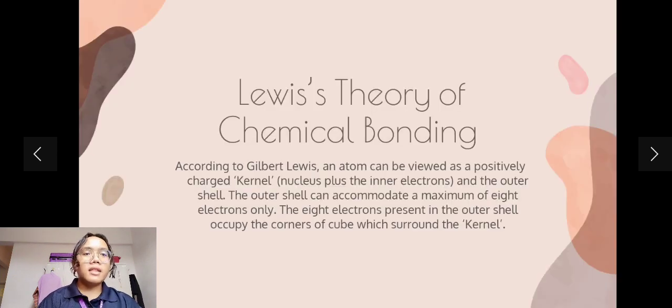So in the Lewis theory of chemical bonding, according to Gilbert Lewis, an atom can be viewed as a positively charged kernel, that is the nucleus plus the inner electrons, and the outer shell. The outer shell can accommodate a maximum of 8 electrons only. The 8 electrons present in the outer shell occupy the corners of a cube which surrounds the kernel.